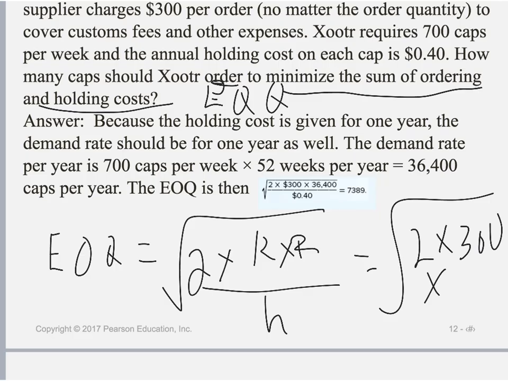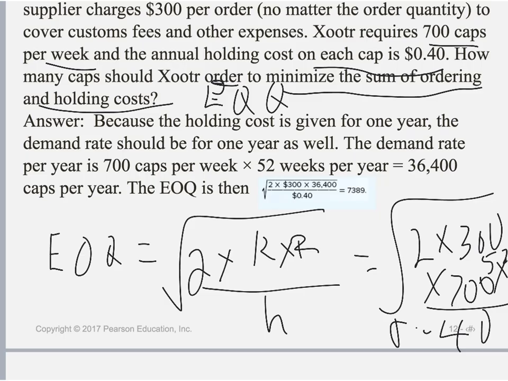We know we need 700 caps per week. Oops, sorry. So it's 700 times 52, 52 weeks in a year, divided by the 40 cents, which is the holding cost that we were given for each cap. And that adds up to 7,389.